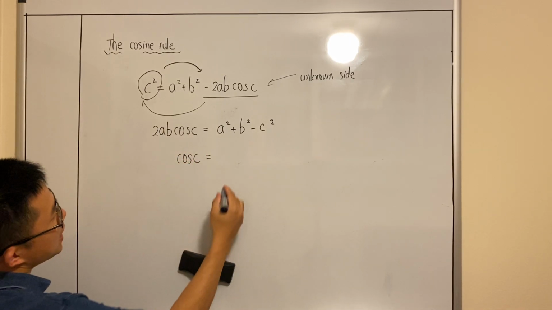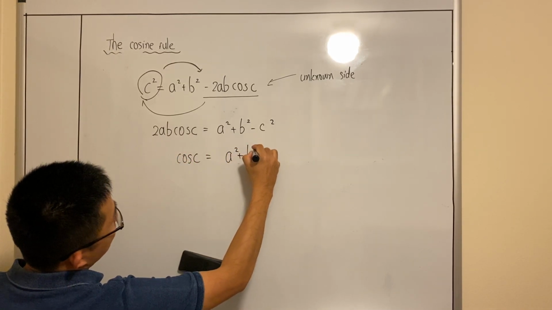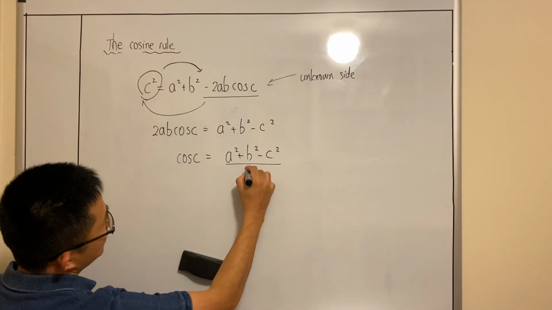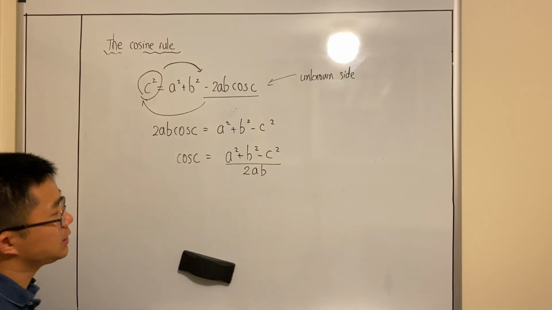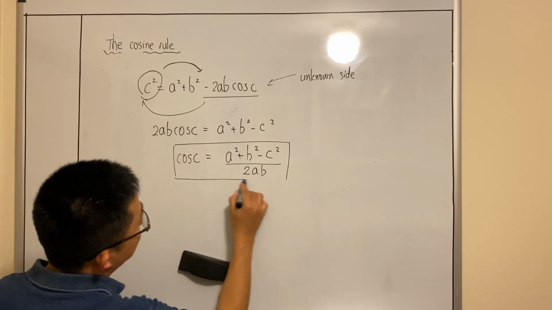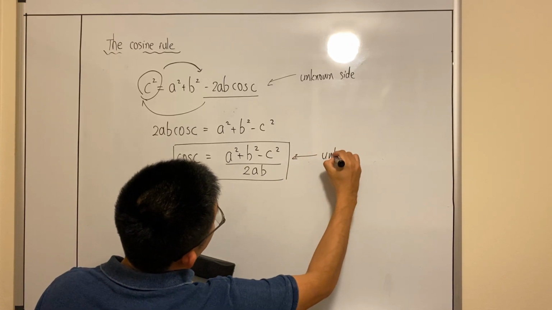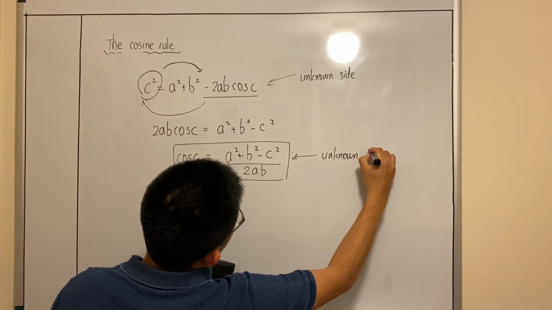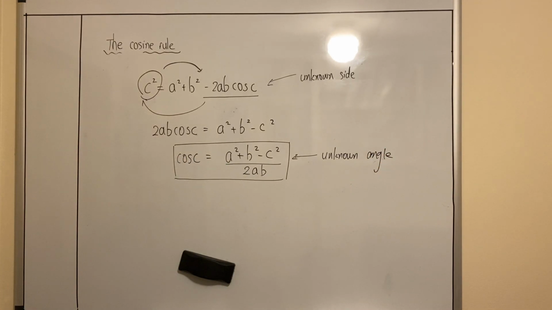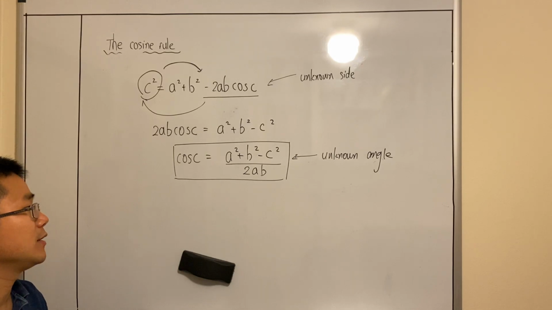So we've got cosine C is equal to a squared plus b squared minus c squared over, you divide everything by 2ab. And that's it. That is the formula to find the angle if all three sides are known. So if you know all three sides, then you can use that formula to find the angle.